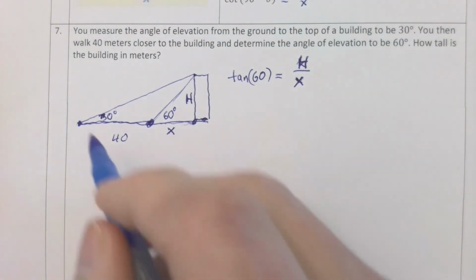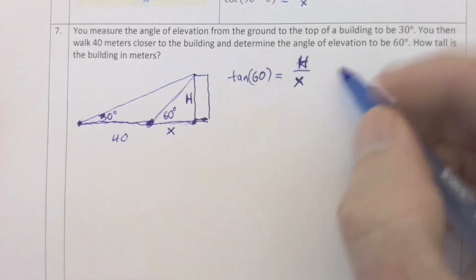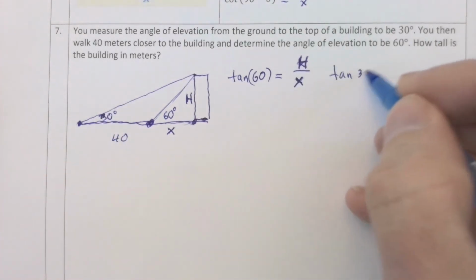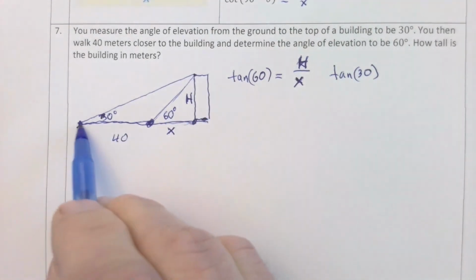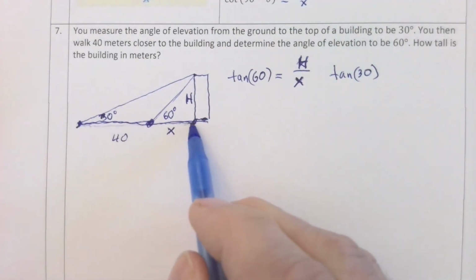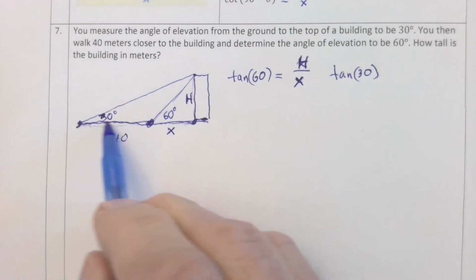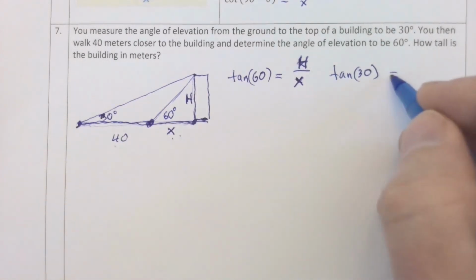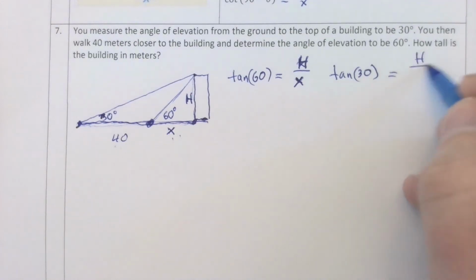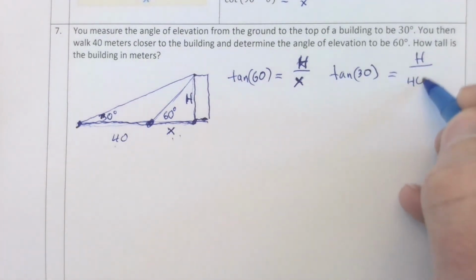And then 30 degrees down here has a tangent that looks like this. It's h over 40 plus x. It's opposite over the adjacent, and the adjacent is what you get when you combine 40 and x. So that's h over 40 plus x.